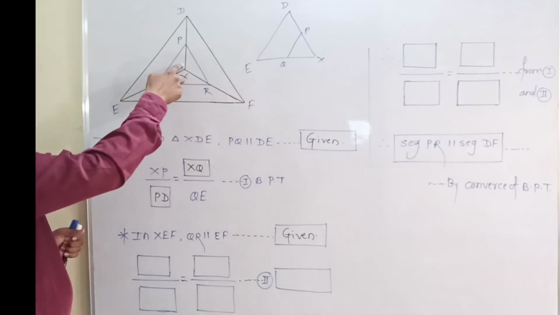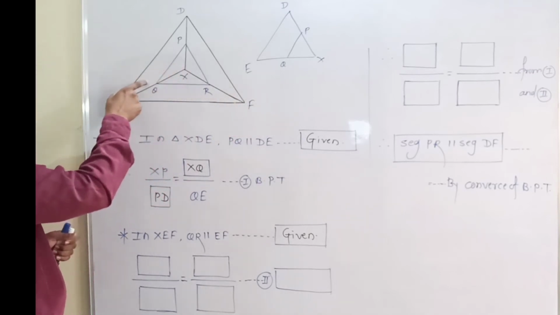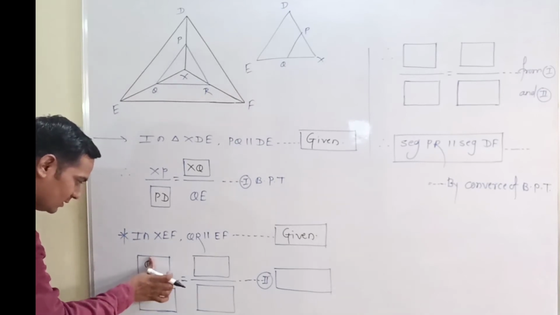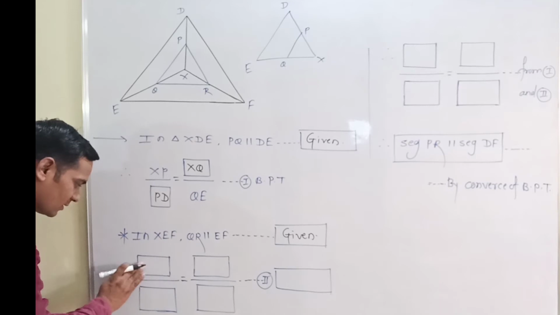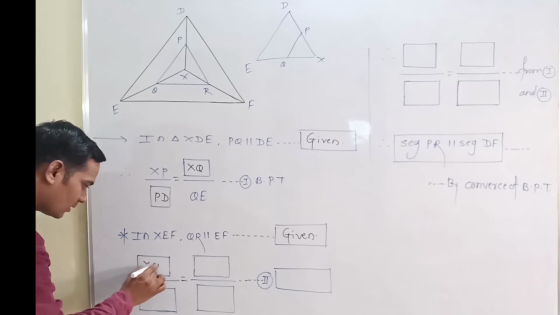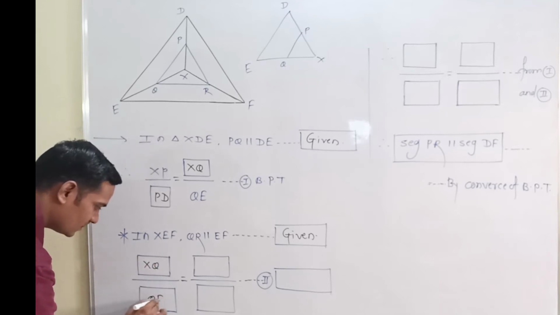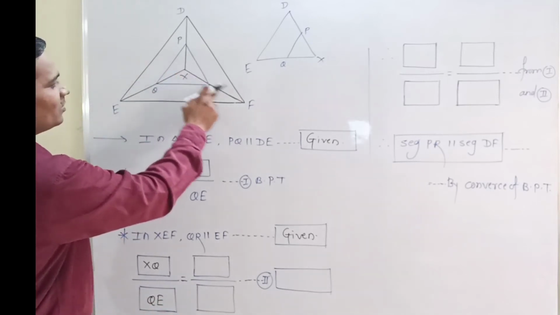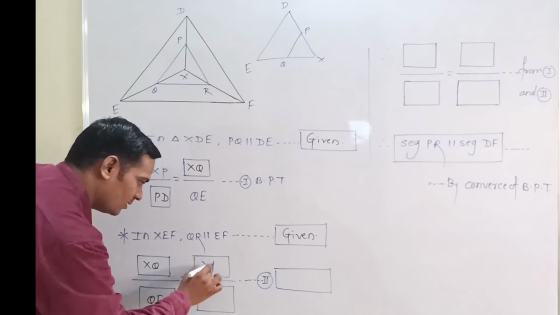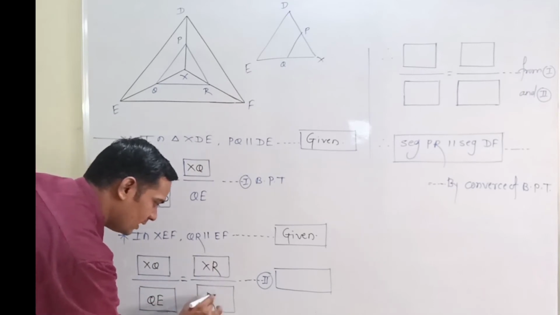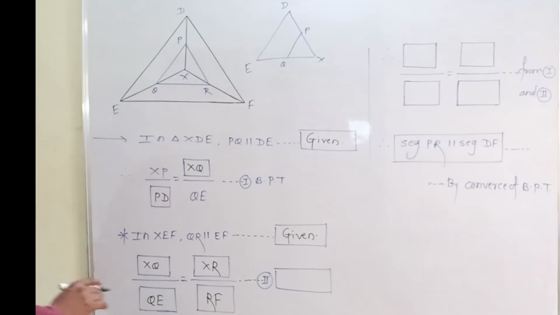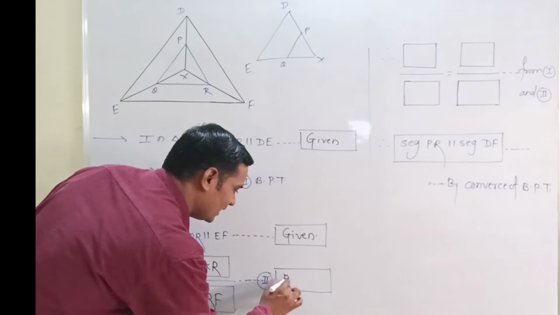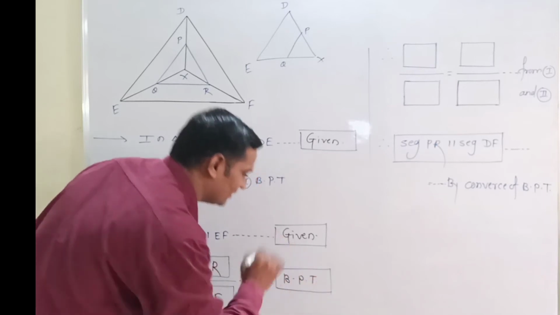We have to start from this X. So XQ upon QE is equal to, now which is the other side? Now here XR upon RF. XR upon RF. So in this way again we have to write that reason. So again we can write basic proportionality theorem.